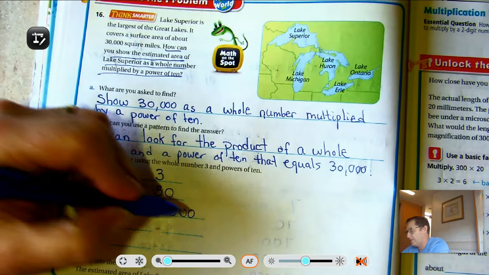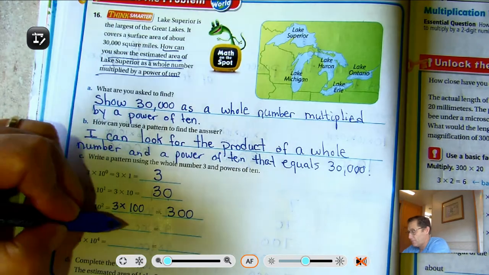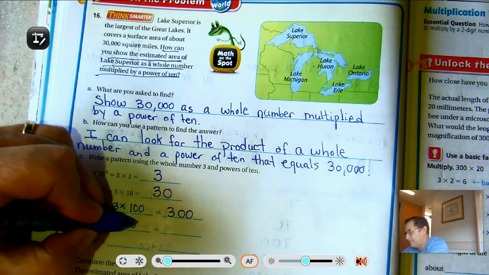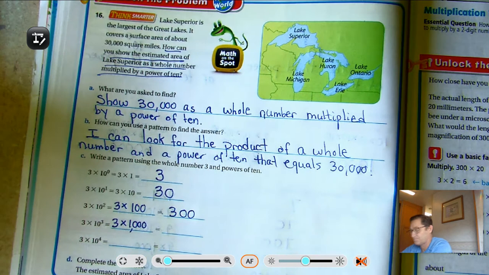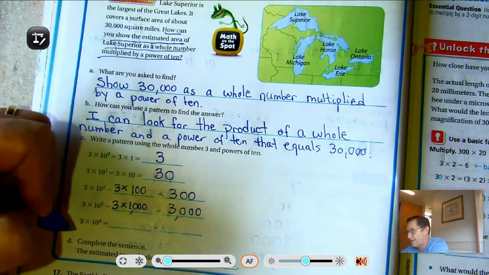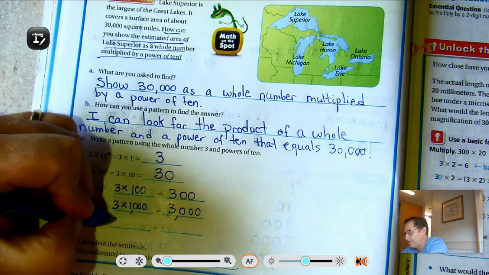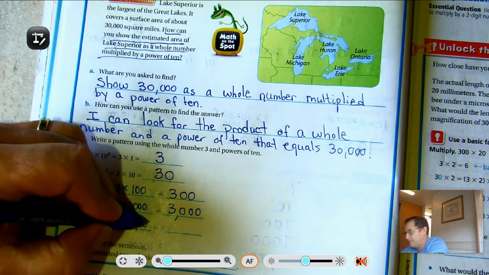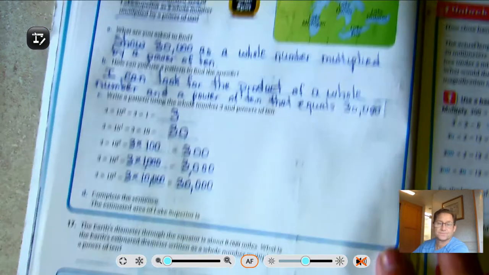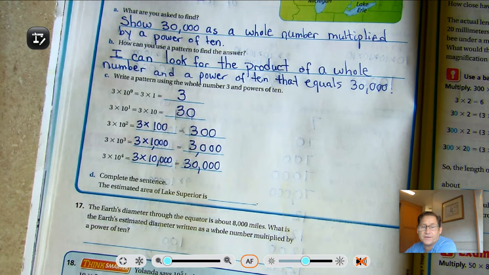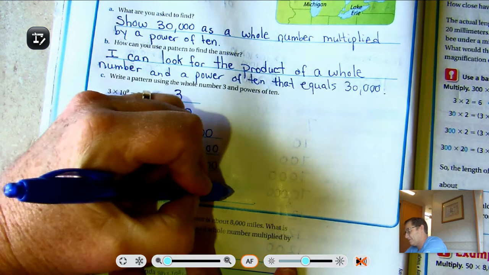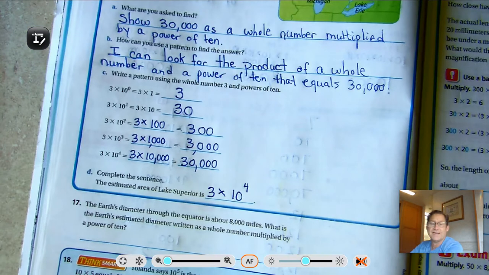So that's 300. 3 times the third power of 10 is 3 times 1,000, which is 3,000. And 3 times the fourth power of 10 is 3 times 10,000, or 30,000. So the estimated area of Lake Superior is 3 times the fourth power of 10.